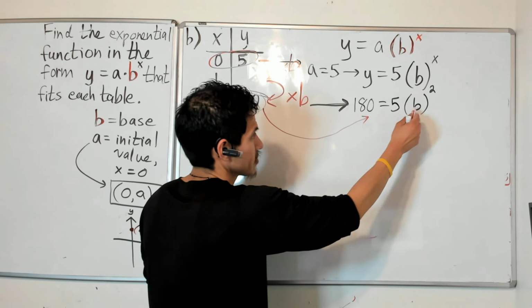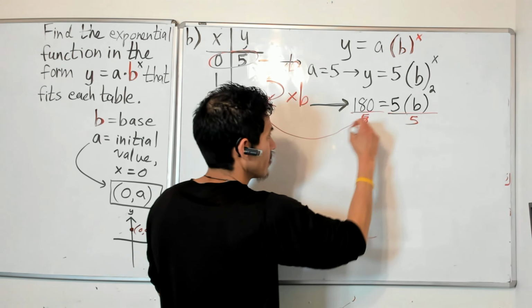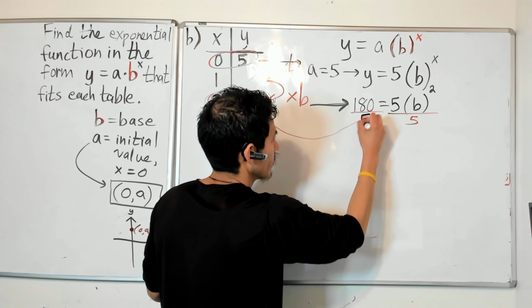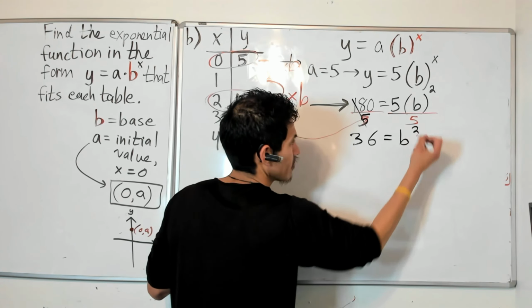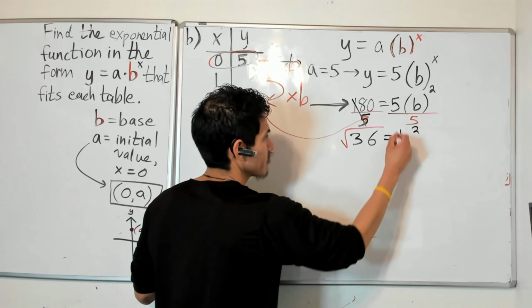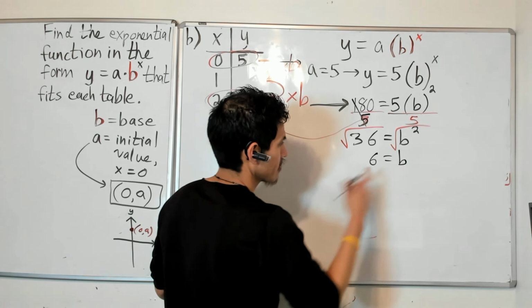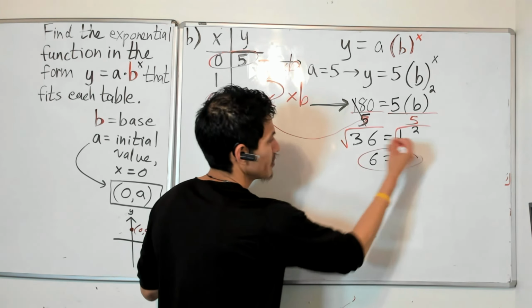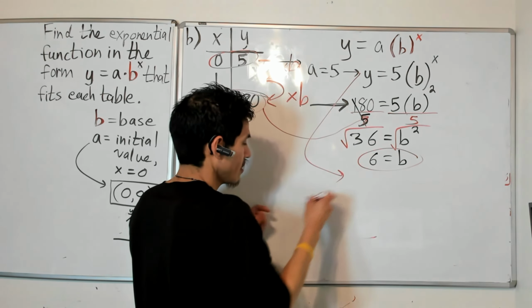Then we can solve for b by dividing both sides by 5, and we get 36 equals b squared. From here, we can take the square root of each side, and we'll get that b is 6.